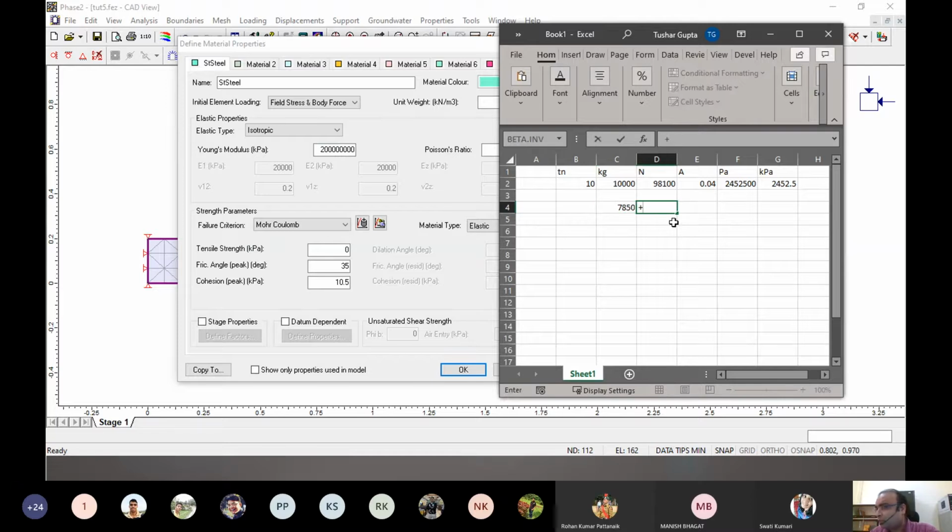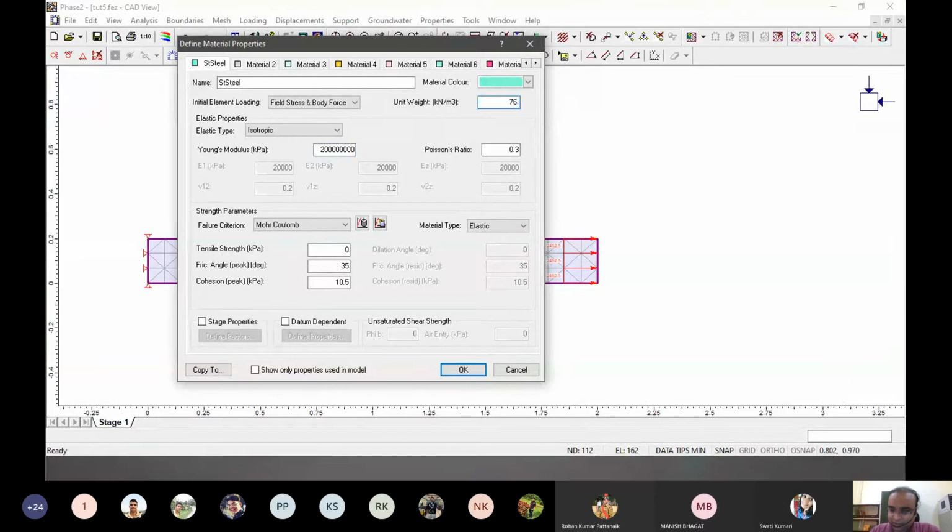We convert it into Newton per meter cube by 9.81, and that can be converted to kilonewton. What is asked? Kilonewton per meter cube. So that will be 76.93, right? So you can change this to 76.93, right? किसी को कोई भी दिक्कत तो पूछ लेना उसी समय.